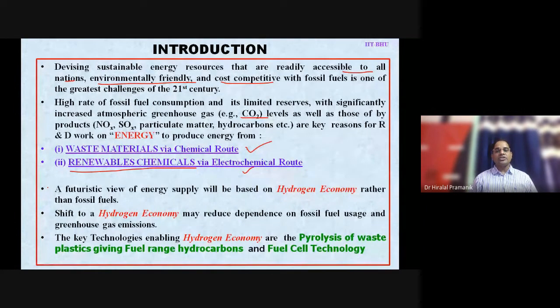So shifting to a hydrogen economy may reduce dependence on fossil fuel usage and greenhouse gas emission.